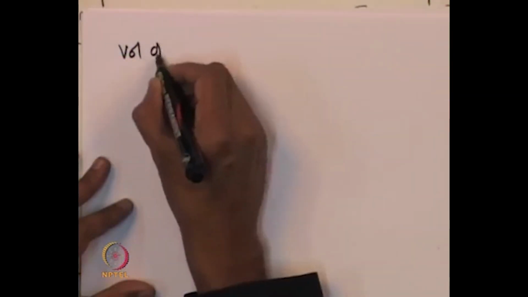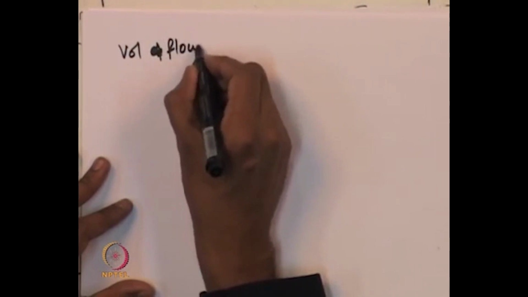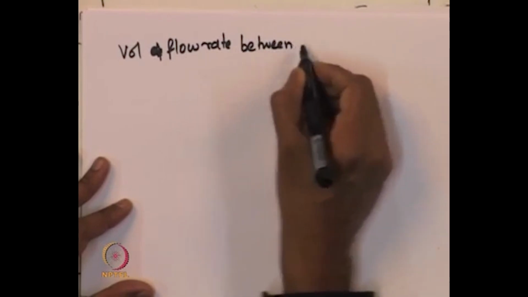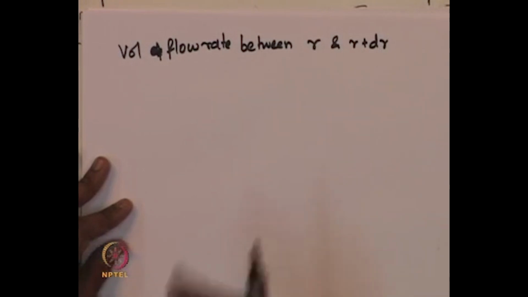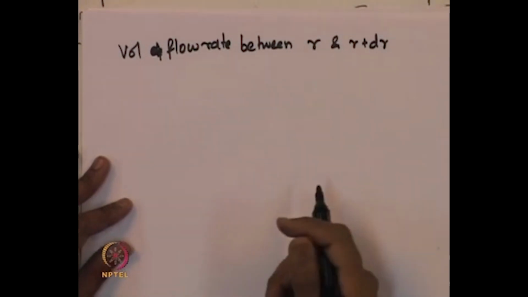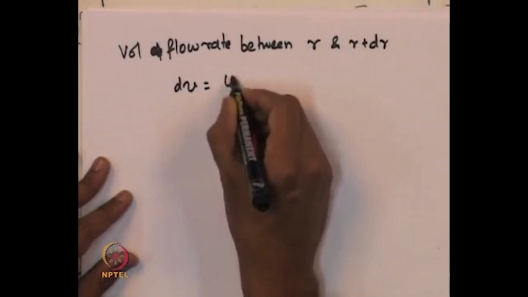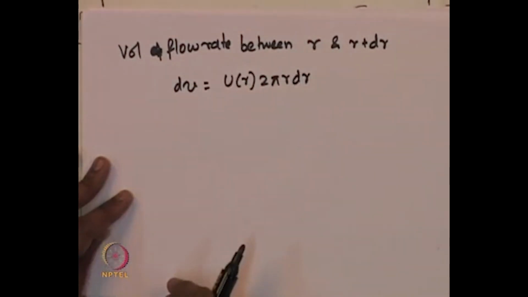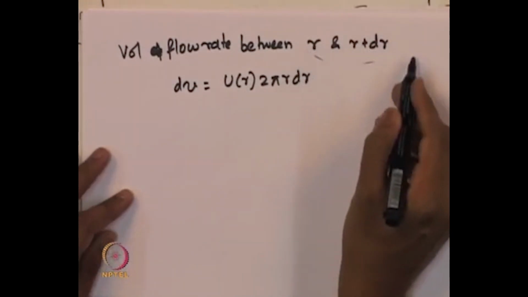So, now the volumetric flow rate of the fluid flowing between r and r plus dr is given by dV, which is equal to u of r into 2 pi r dr. That is the volumetric flow rate of the fluid flowing in this element dr, that is, between r and r plus dr.